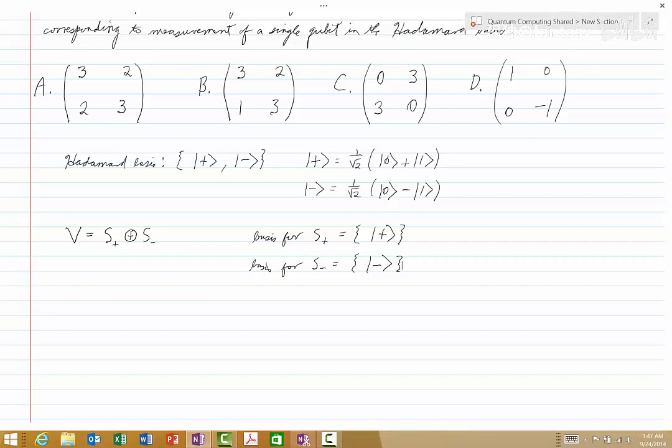Now, this means that if we use this idea of projectors, the projector that will project onto S plus, I'll call it P plus, will simply be plus plus, and the projector that will project onto S minus will be minus minus.